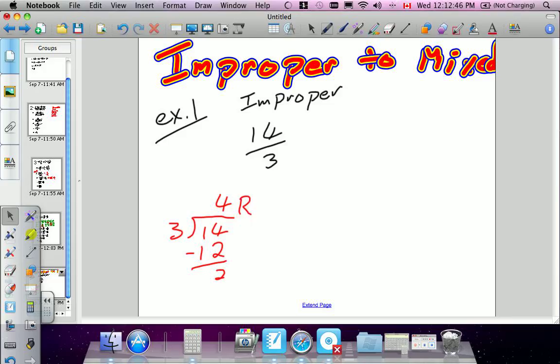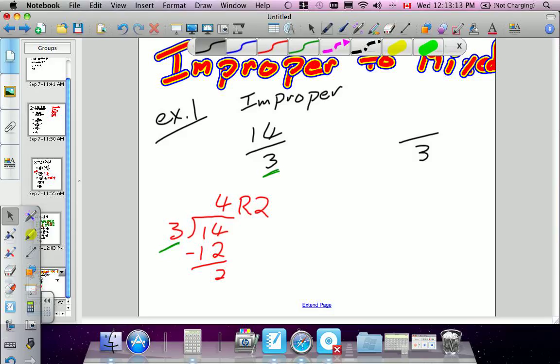We're not working with decimals when we do mixed, okay? Always have a remainder. So my remainder is 2. Now we have our numbers that are going to go into this, okay? So, the number we divided by, which is our denominator over here, when we do a mixed fraction, it's still going to be the denominator of the fraction part, okay?